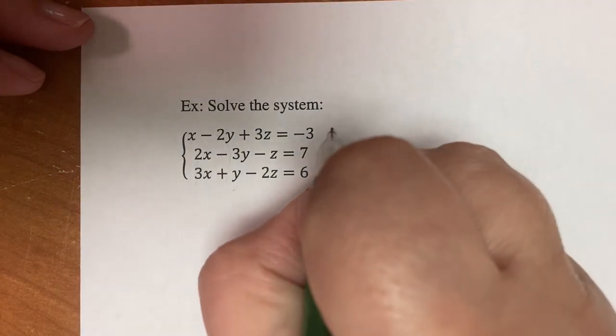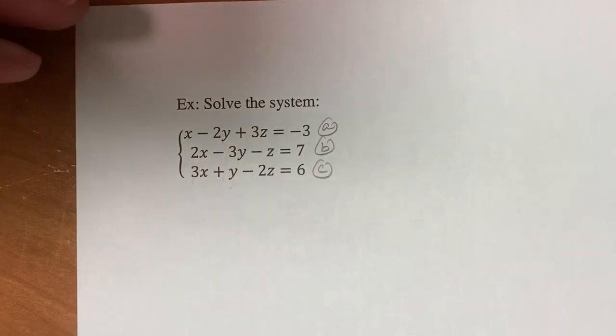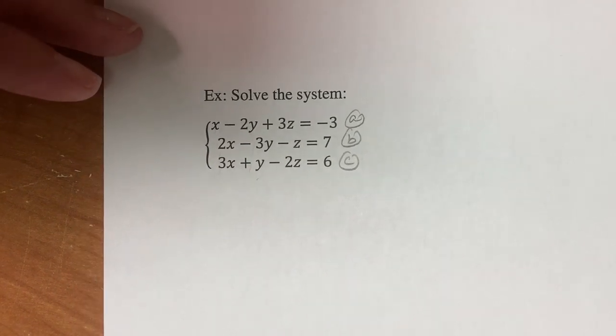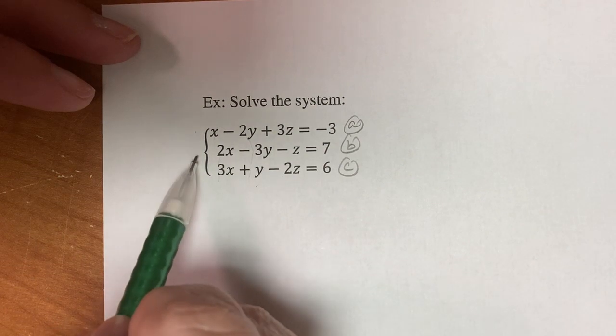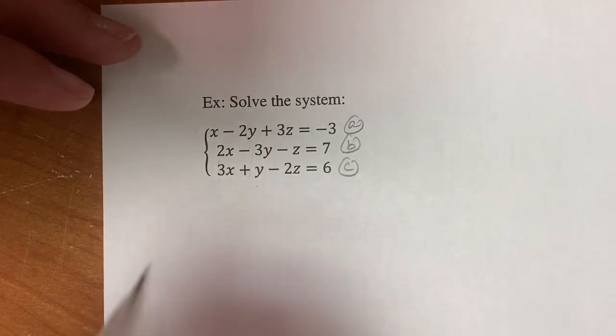So if I call this equation A, this equation B, and this equation C, I have to eliminate the x's twice. If I use equations A and B to eliminate the x's, I'm going to have to multiply the top equation by negative 2.